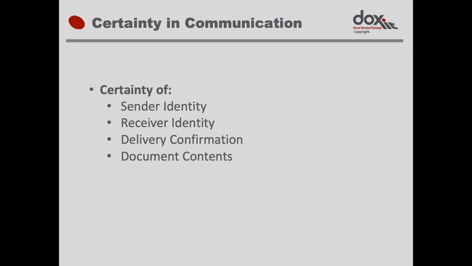We would like to leave you with one last thought. When using documents to add trust to the legal processes, it's important to have certainty when exchanging these electronic documents. This includes certainty of the sender's identity, the receiver's identity, the delivery confirmation, and certainty of the contents of the document.